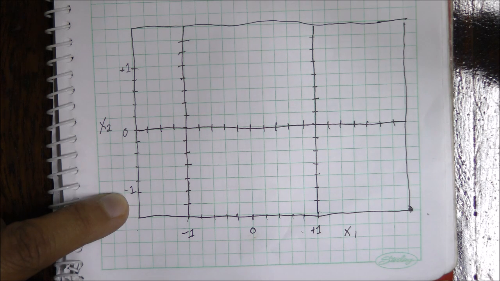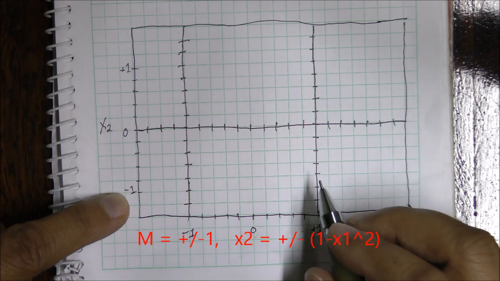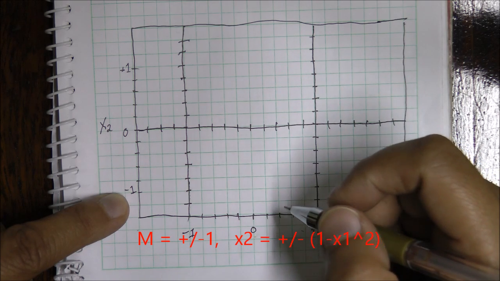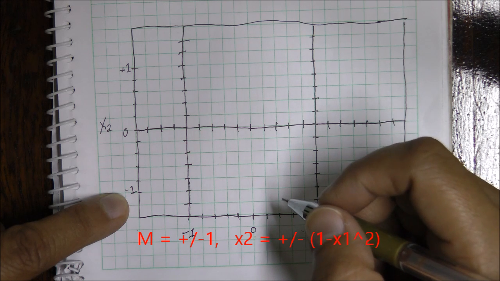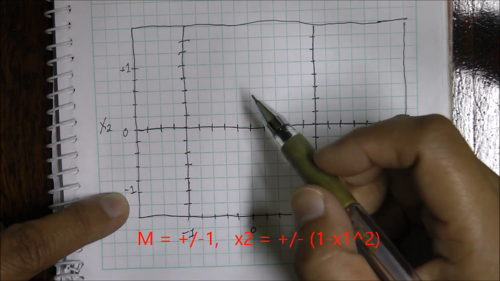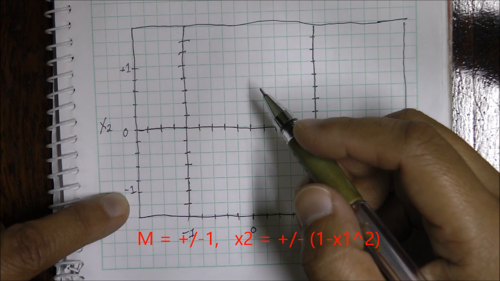Next, we can use the isocline equation for the slope m equals plus or minus 1. The isocline equation there is x2 equals plus or minus the quantity 1 minus x1 squared. And so that's an equation of a parabola. Let's take the positive slope first, plus 1. It corresponds to the isocline equation x2 equals 1 minus x1 squared.